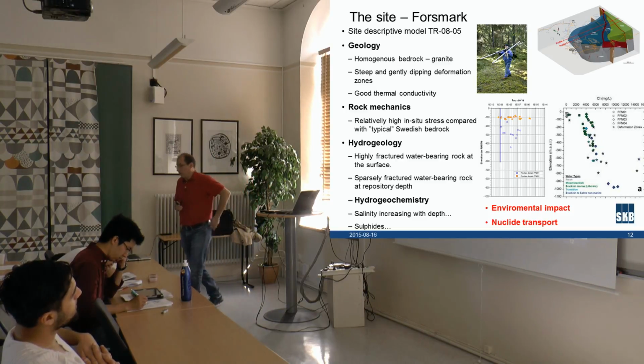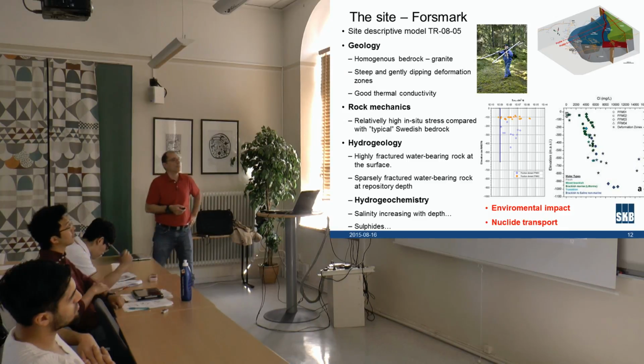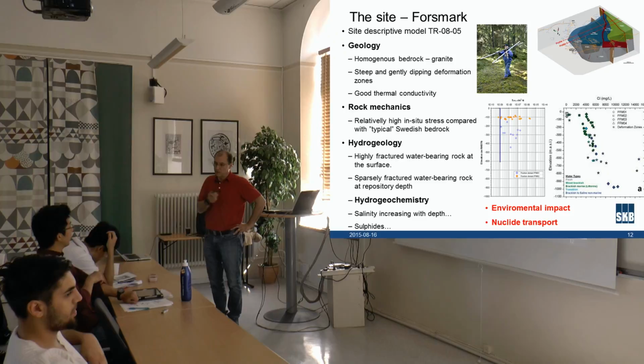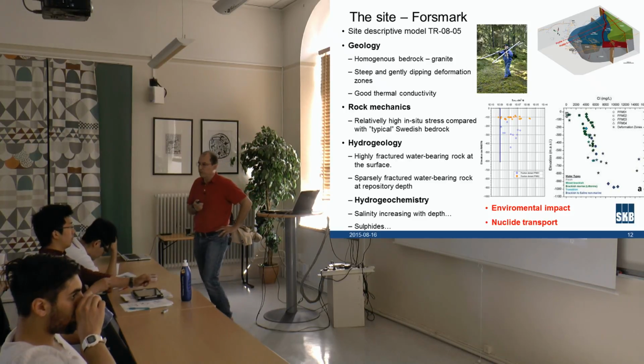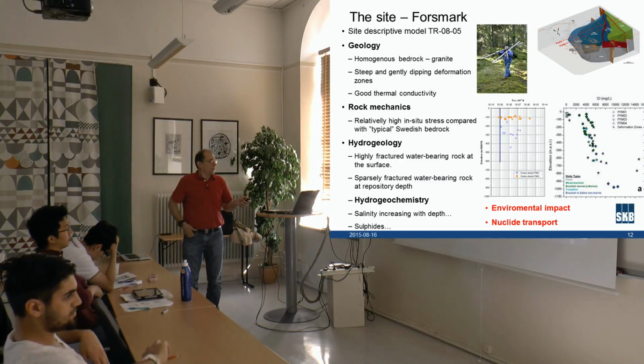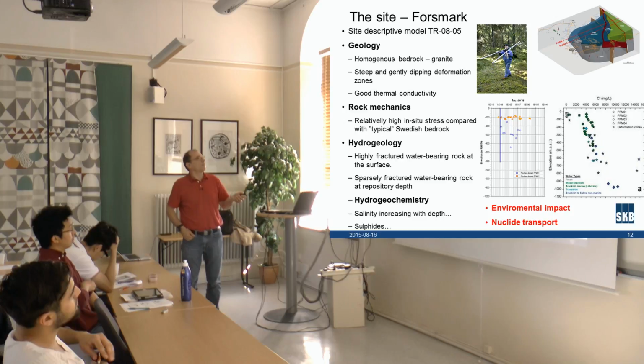So, how does the Forsmark site look geologically, and how does it meet the requirements from the safety assessment, the safety functions? This is a very short description, of course, of the site.